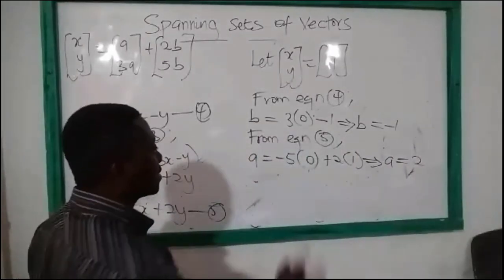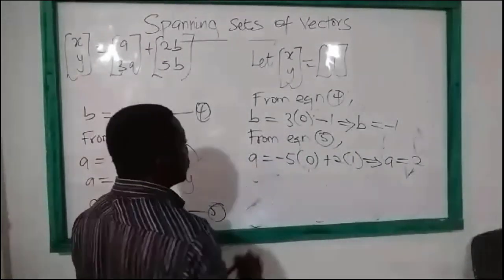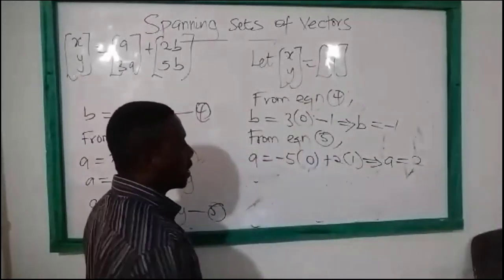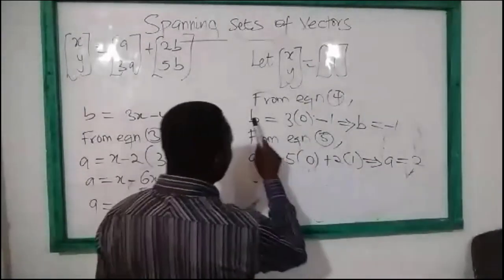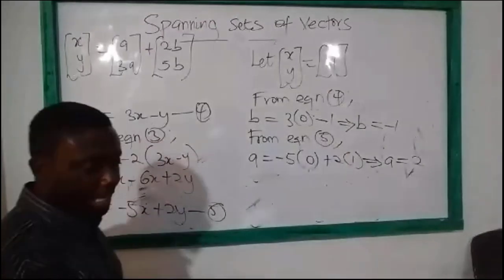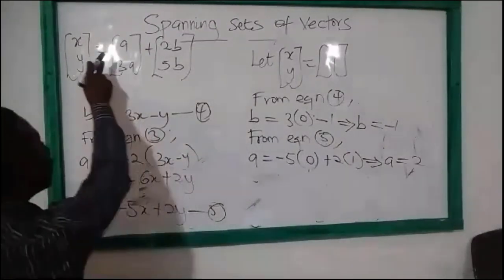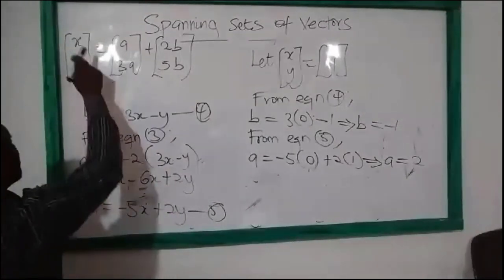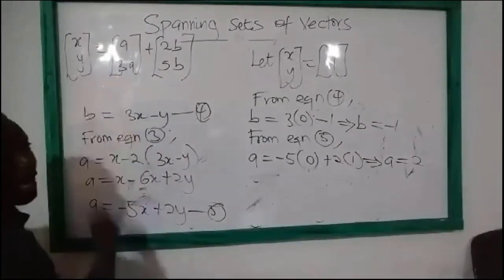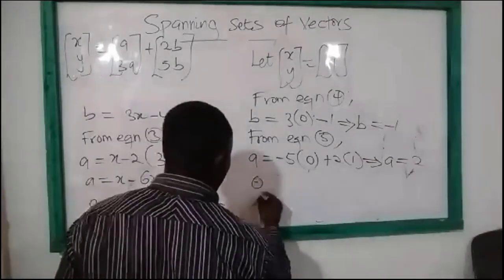So you see that if we chose 0, 1 to represent our X, Y, we've finally gotten A to be 2, and then B to be negative what? 1. So all that you do is that you go back to this expression. You now have taken a value for X, Y. You now put it there, which is 0, 1.